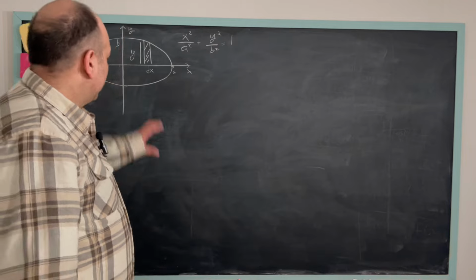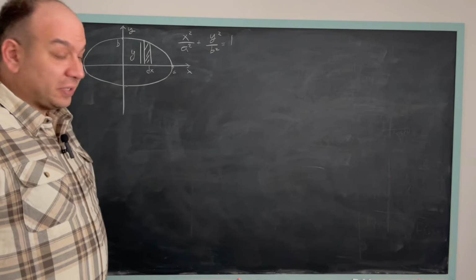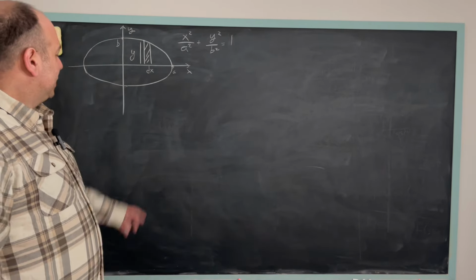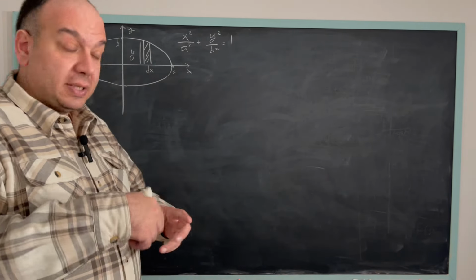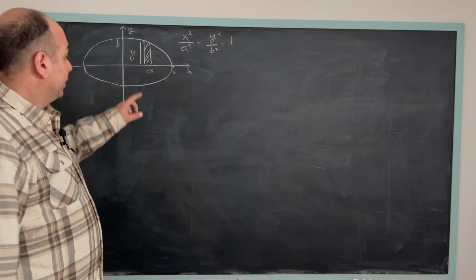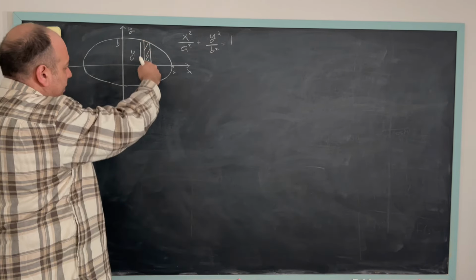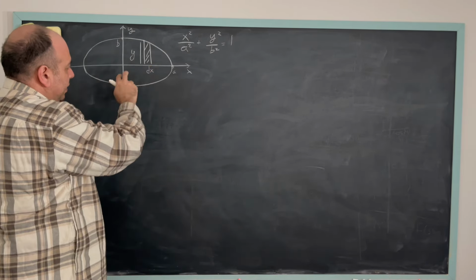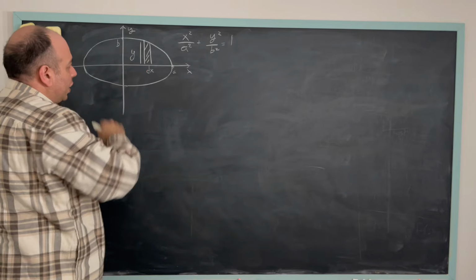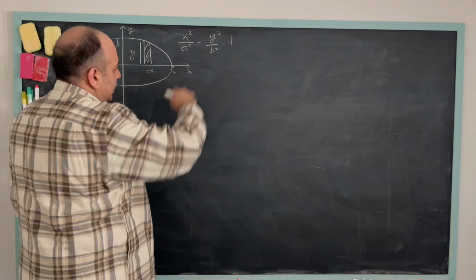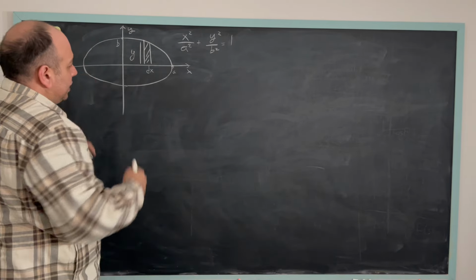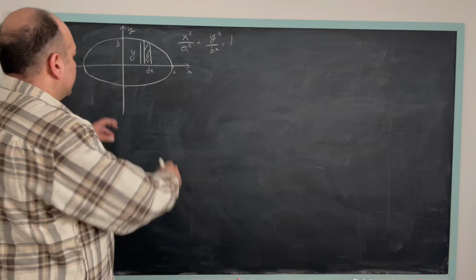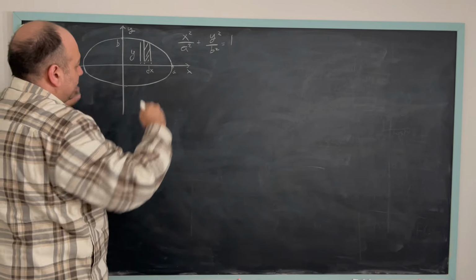Now is the time to find the area of an ellipse. Are you all ready? Okay, this is good. So we will use the first method we used to calculate the area of a circle. I picked a differential element here with some thickness dx and height y, and this is my ellipse equation. I assume that a is larger than b here, in other words, the major axis is on the x-axis.